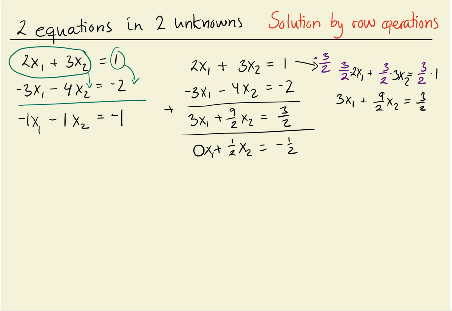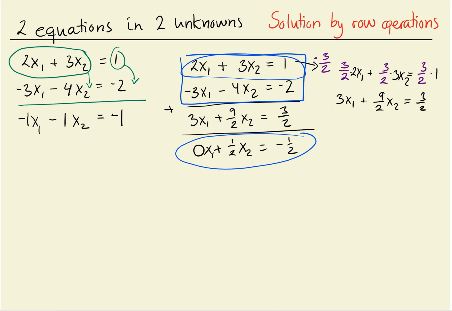So let's try to keep track of what we've been doing so far. We have modified our original two equations into, well, we still have the first equation here, but now we've changed the second equation into this one. So what we have right now is this. And this is better than what we came from because we have a 0 here.